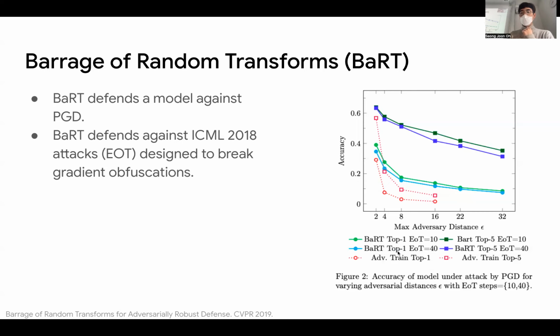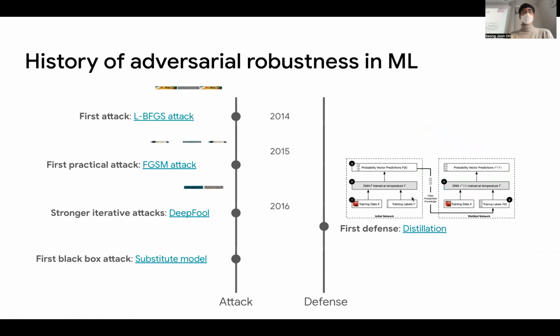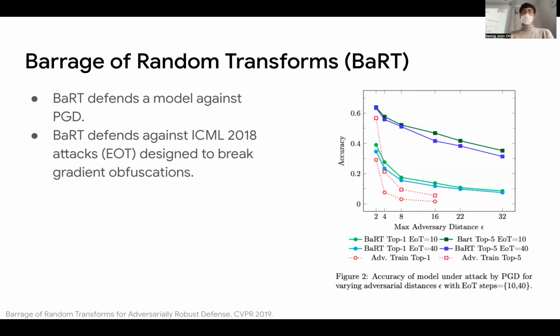While, let's say if you did adversarial training, it is not as effective as barrage of random transformations here, right? Because the scores are going very close to 0, even after a very small adversarial distance. Okay. Yeah, this is it.